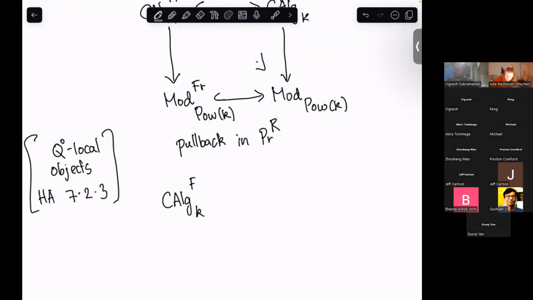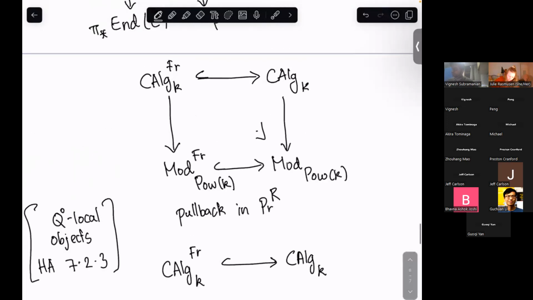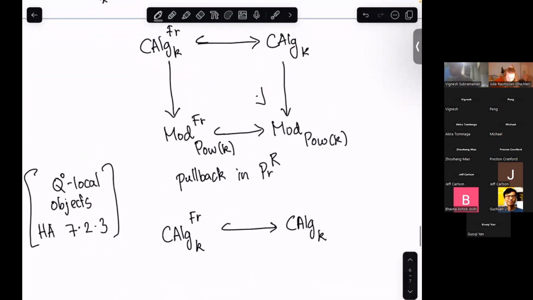You have the category of perfect algebras sitting inside the category of all infinity algebras over K. Because we are taking this pullback in PRR, we get one perfection functor for free because it's a right adjoint. And we also know that this category is presentable.